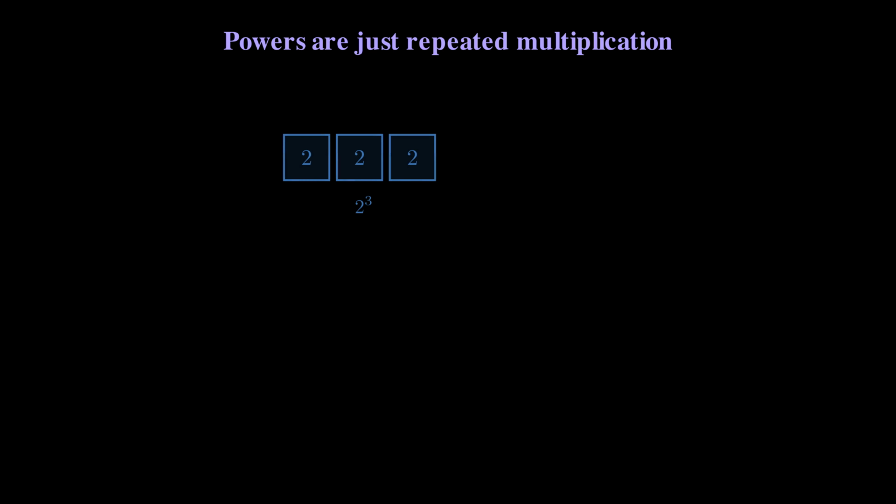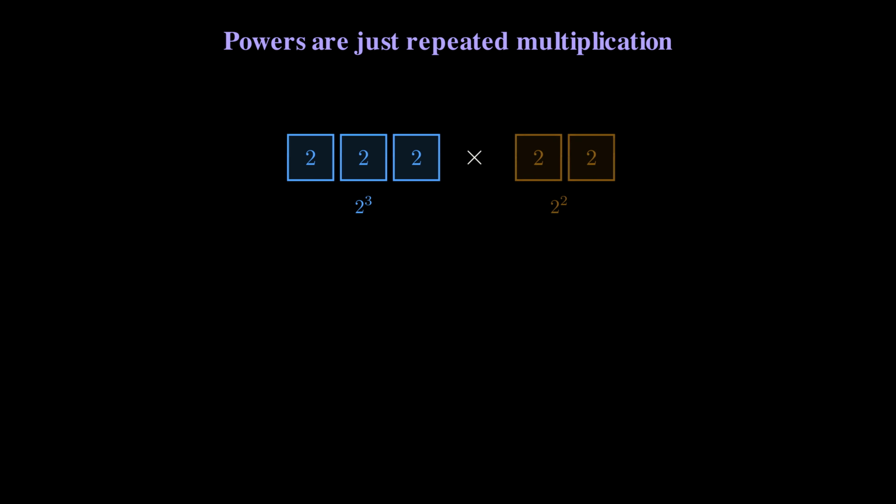Start from what a power really means. 2 cubed is just 2 times 2 times 2. 3 factors of 2. 2 squared is 2 more factors. So multiply them, and you're counting factors of 2. 3 of them, and 2 of them.